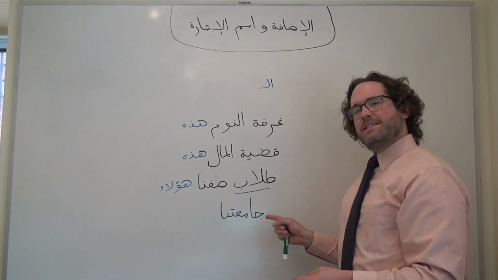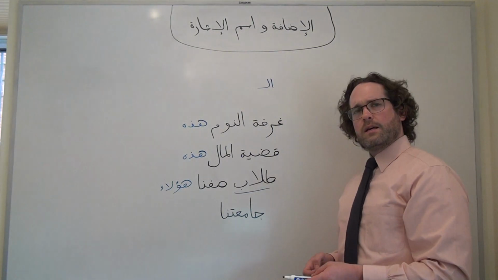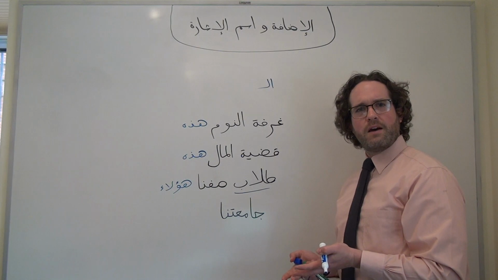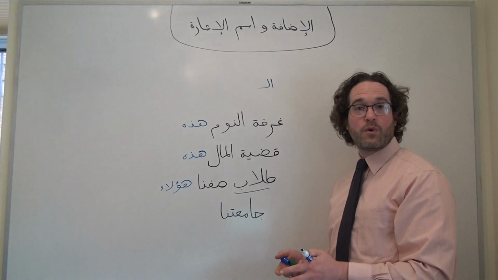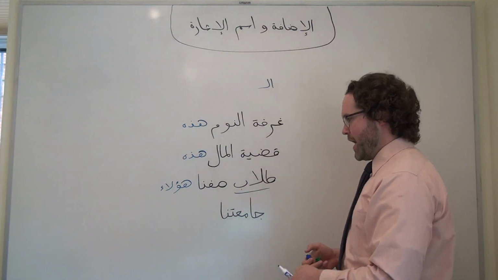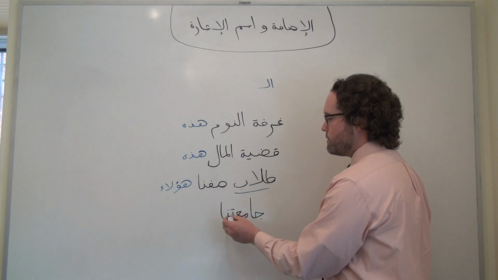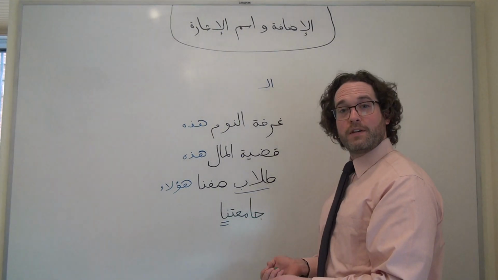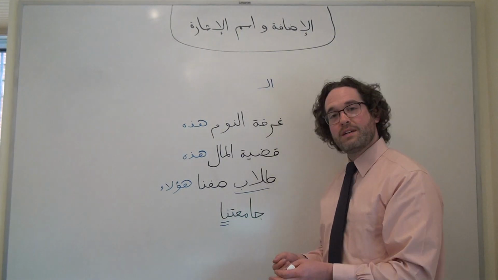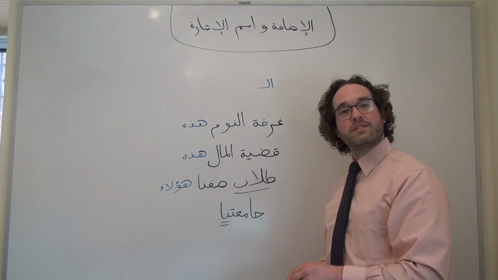And جامعتنا is interesting. You might be looking at it and thinking, well, if we have an iDaafa, then we must have multiple nouns. But technically, according to Arab grammarians of old, this na, the possessive pronoun at the end, is serving as a noun. So you've been using iDaafat all this time.